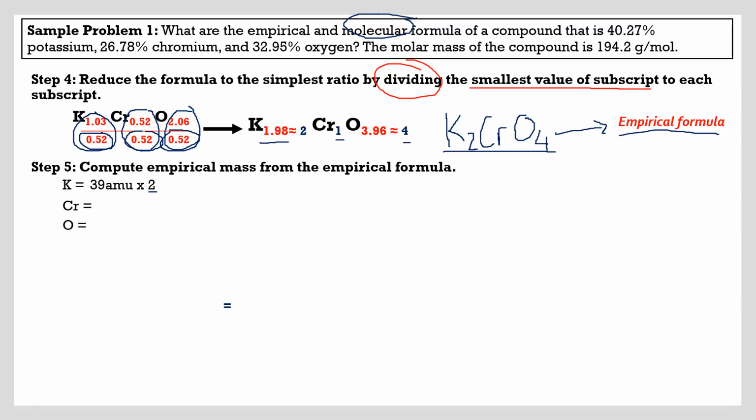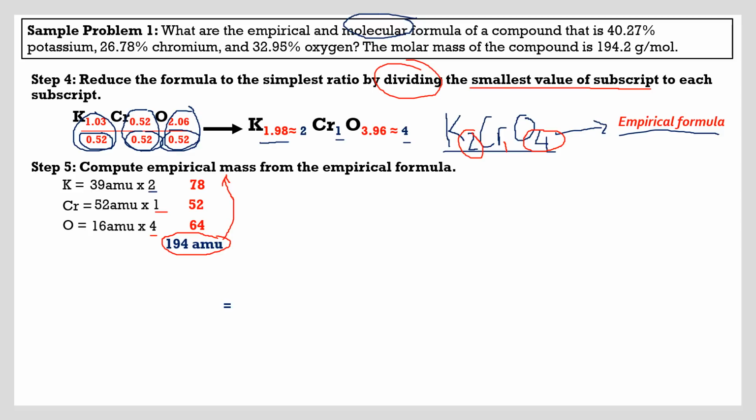And for chromium, we have 52 as its atomic mass times 1 because we only have 1 chromium in here. And for oxygen, we have 16 times 4 because we have 4 atoms of oxygen. So that will be 39 times 2, that's 78. 52 times 1, that's 52. And 16 times 4, that is 64. And then you add these 3. That is 194 atomic mass units. This is now our empirical mass.